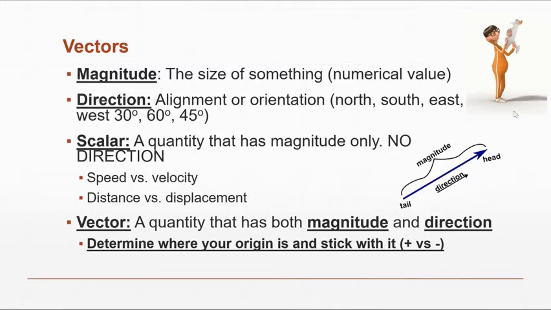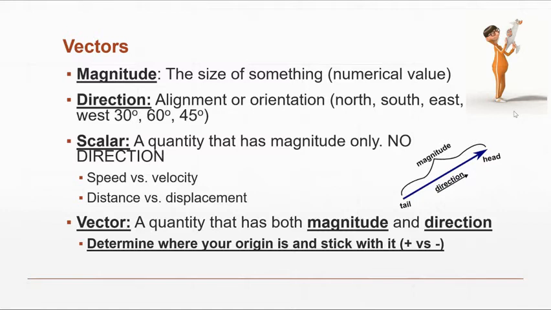Okay. So if you're running laps, if I do one full lap around the track, I was a runner in high school, my velocity is 0 because I have no displacement. I haven't changed my position. Whereas my speed, what's my speed going to be?